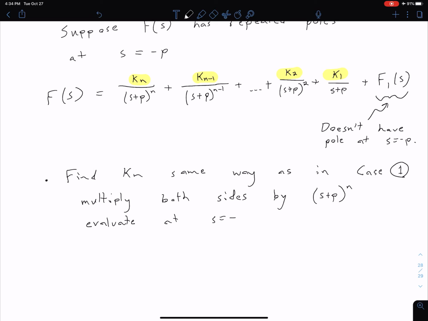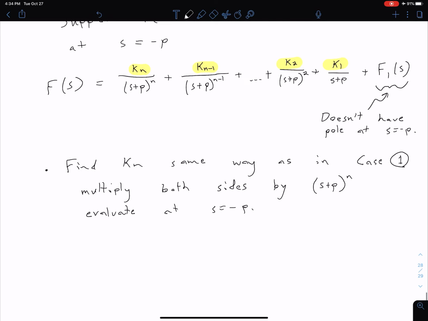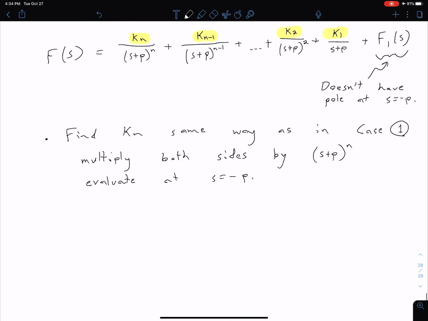What that's going to do, of course, is make every term except for the one associated with k sub n go to 0. So we can say that k sub n is equal to (s plus p) to the power of n times F(s), evaluated at s equals negative p.